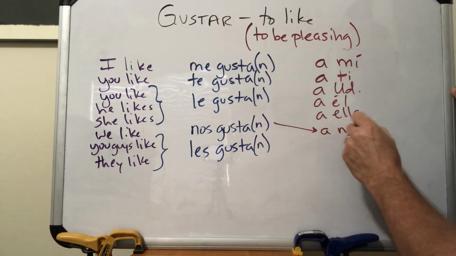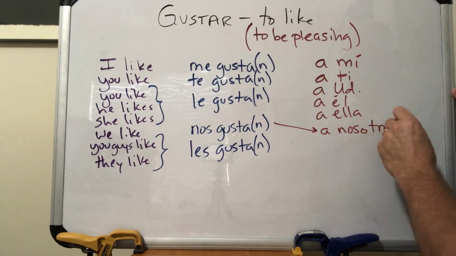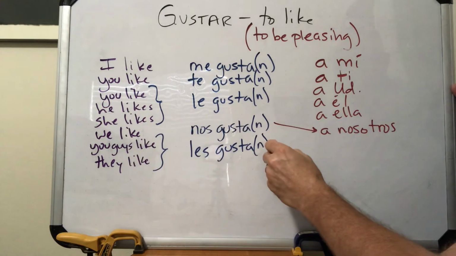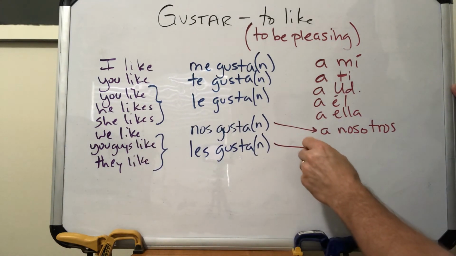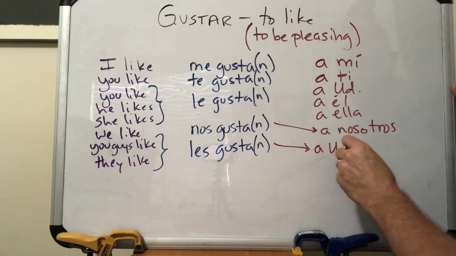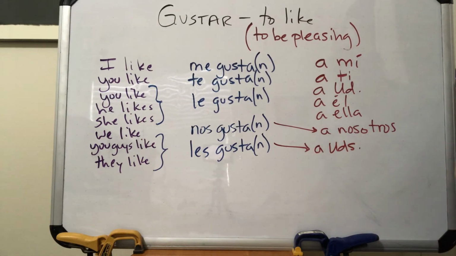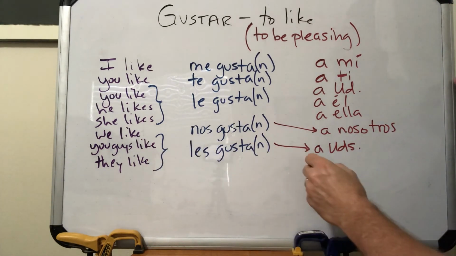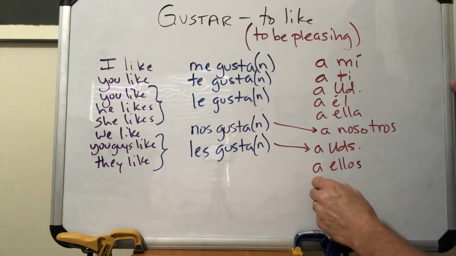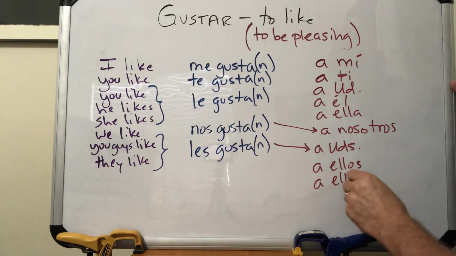A nosotros. And then les gustan, again, we'll need to clarify. So the you guys would be a ustedes, and I'll abbreviate that one, Uds. period, and then they would be either a ellos or a ellas.